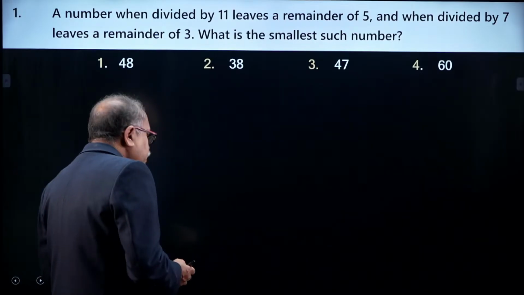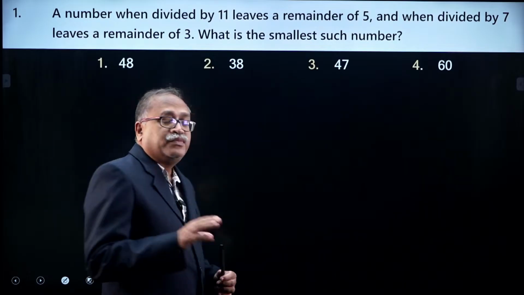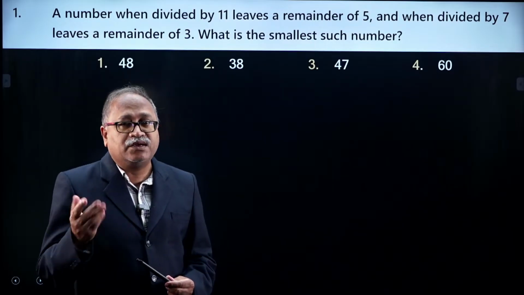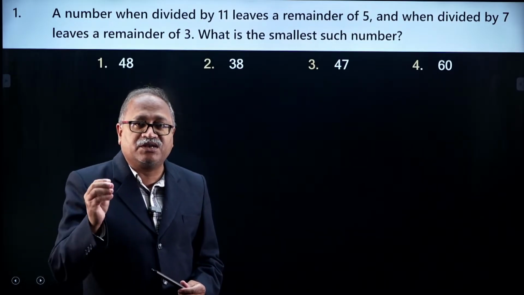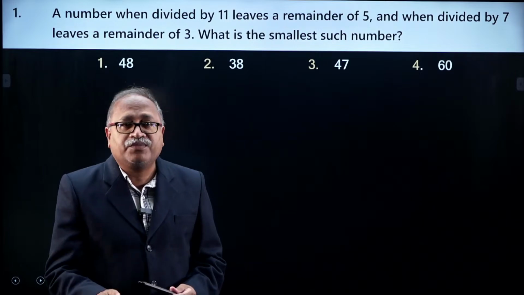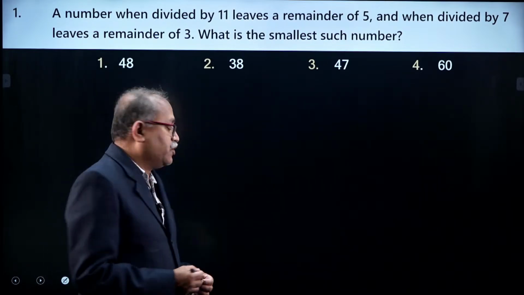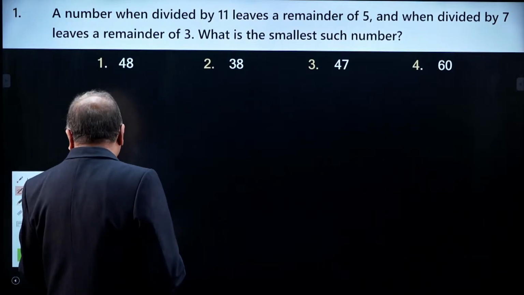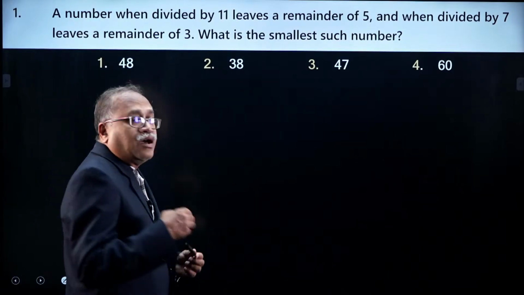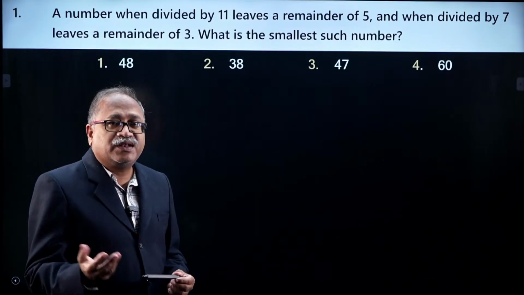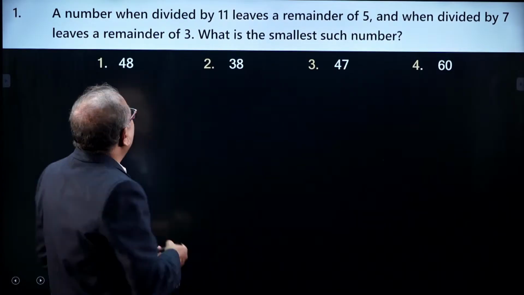Whenever you are writing the RRB, any exam of RRB or SSC, the number system is one of the very important topics, and sometimes it's also important from the banking exam point of view. So let's read the question, and either you will answer the question or you will learn how to answer it.